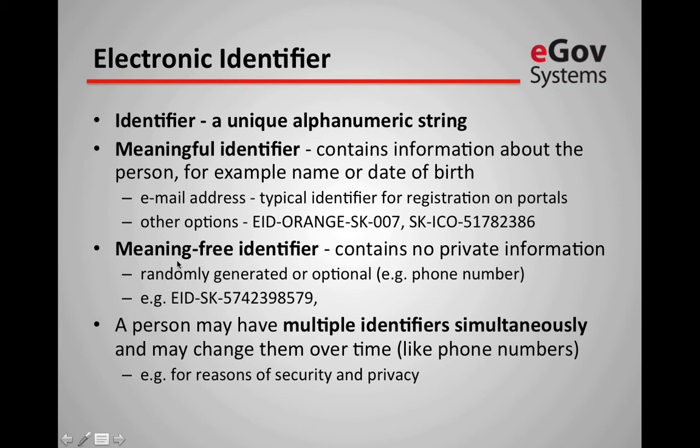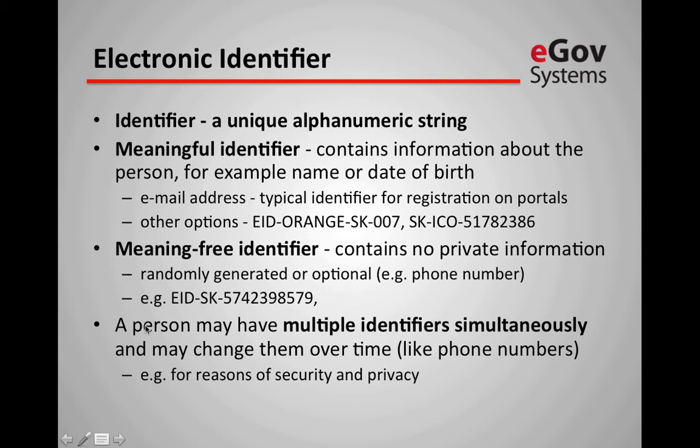For protecting personal information like name or gender or date of birth, meaning-free identifiers are often welcome, which are simply randomly generated numbers similar to phone numbers, or optional, like if it is available, I may use my phone number to be my identifier on the internet.